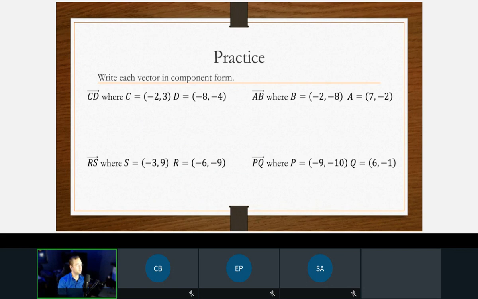All right, so let's look at these. Also, make sure you take note. Remember, your initial point is the first letter that's listed. So in the vector CD, C is the initial, D is the terminal.